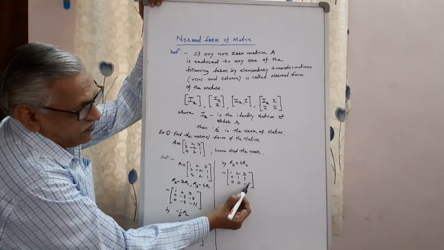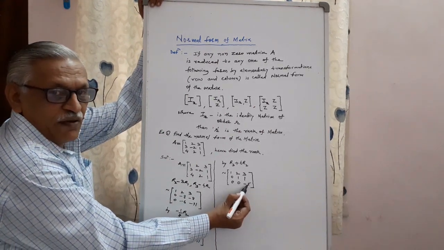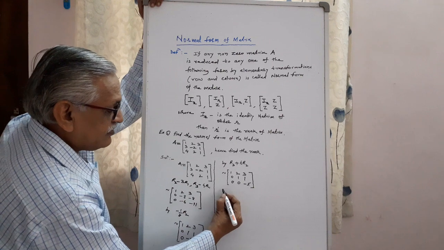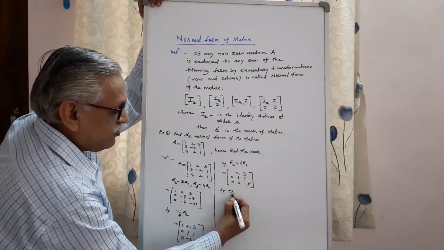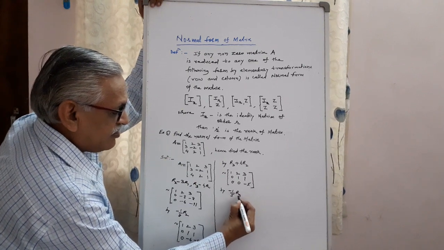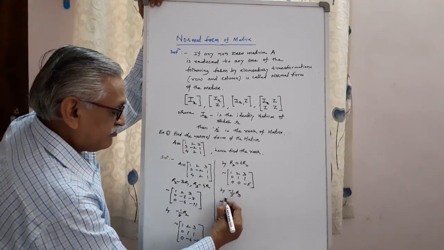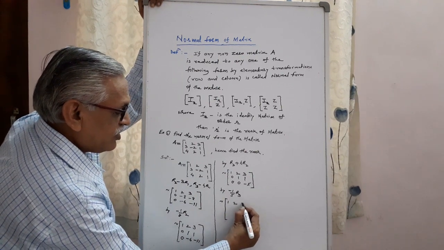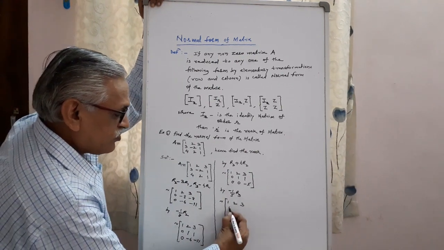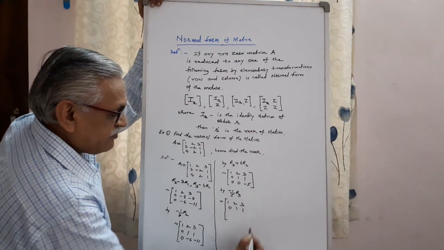Then the third diagonal element is minus 5. Make it 1 by minus 1 by 5 times R3. We get 1, 2, 3, first row no change. Second row also no change, 0, 1, 1.